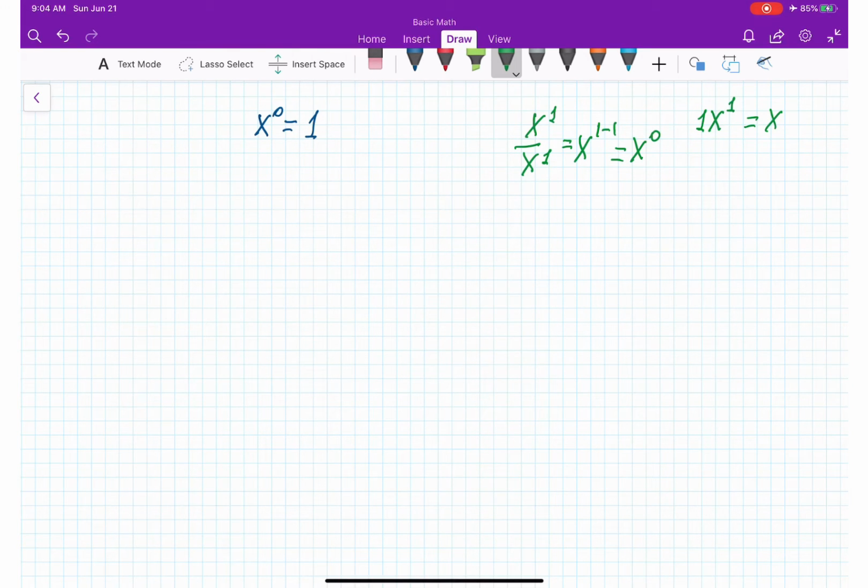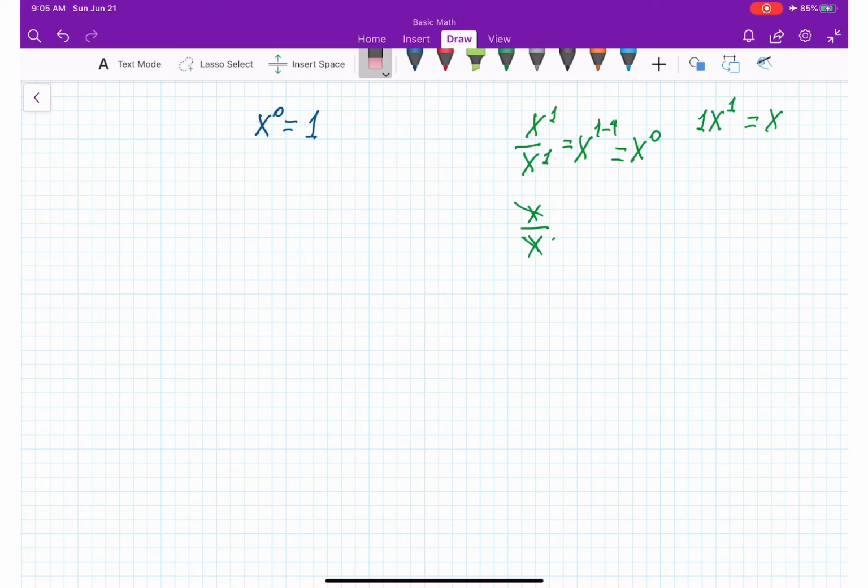At the same time, when I put x divided by x, considering x is not equal to 0, at the bottom, I can cancel them, right? And get 1. Let me put it this way so you won't think that it's a power.